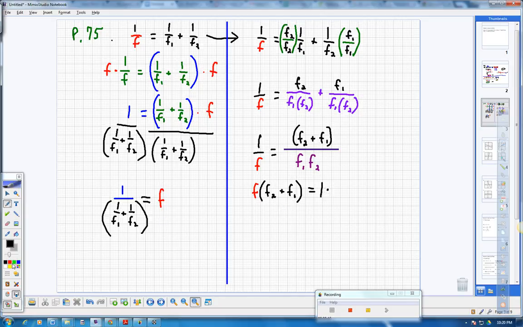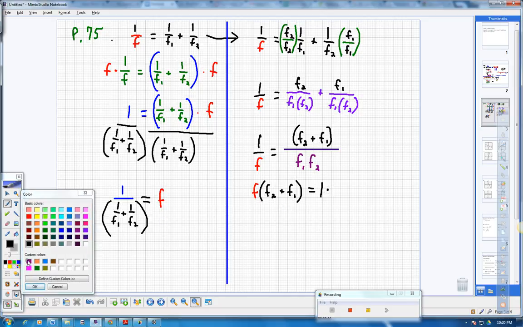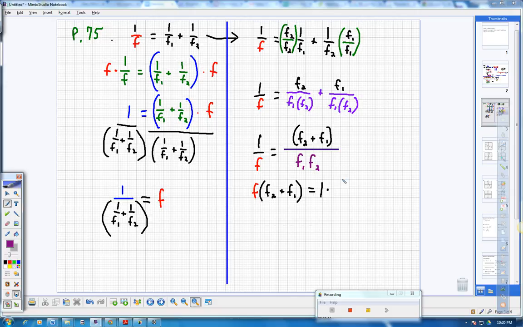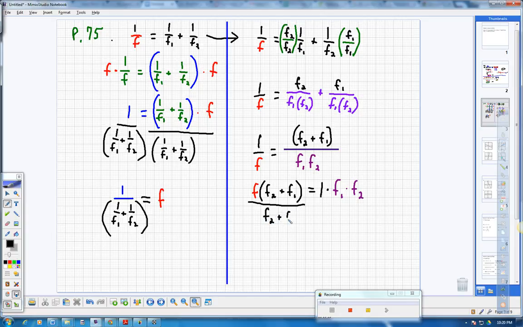I am going to put it in for now. And that's f sub 1 times f sub 2. Now to solve for f, I would divide, and this hopefully makes more sense to you than the method on the left, I would divide by the quantity f sub 2 plus f sub 1. I'm just dividing by the quantity on each side.